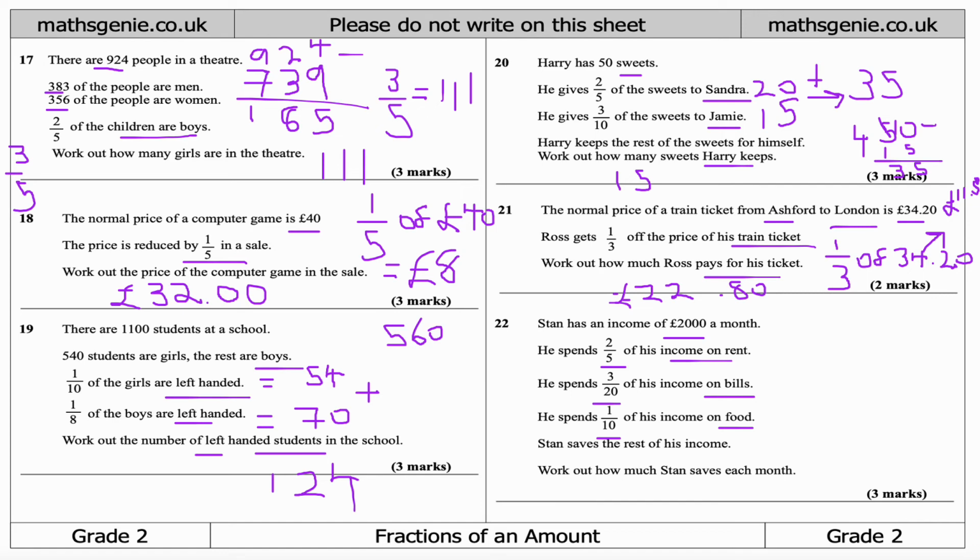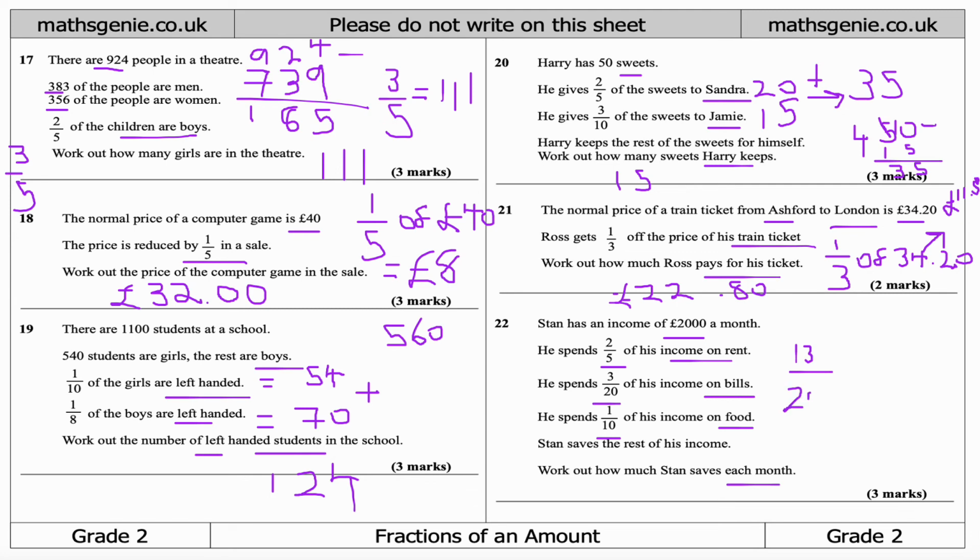Now, one way that I could do it is I could add up all the fractions, and then the remainder of that fraction will tell me how much he saves. So if I do 2/5 plus 3/20 plus 1/10, I get 13/20 if I add them all up.